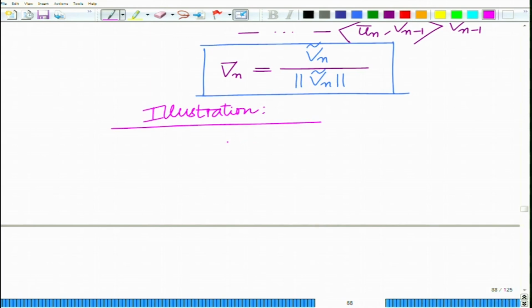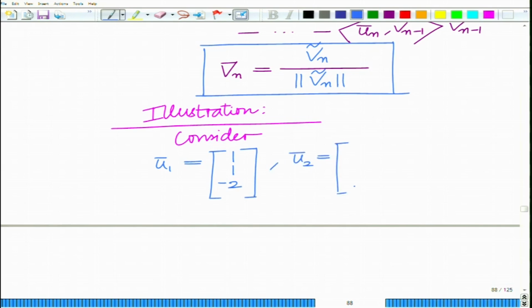So, consider three vectors: U1 bar is the vector 1 1 minus 2, U2 bar equals the vector 1 2 minus 3, and U3 bar equals the vector 0 1 1.